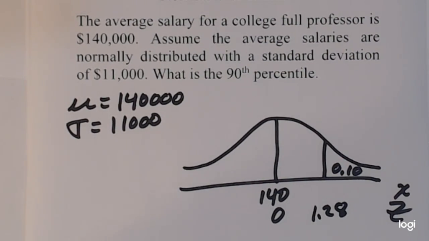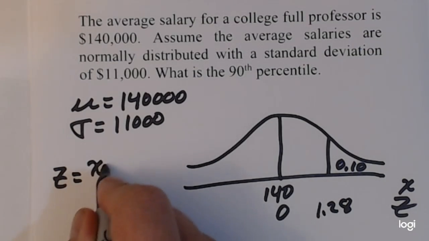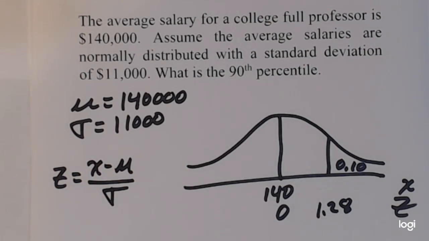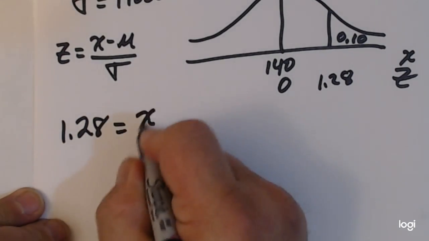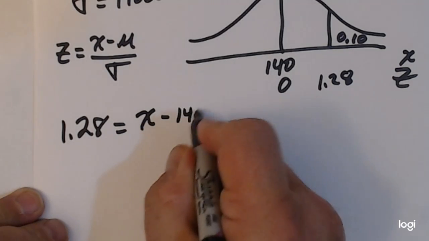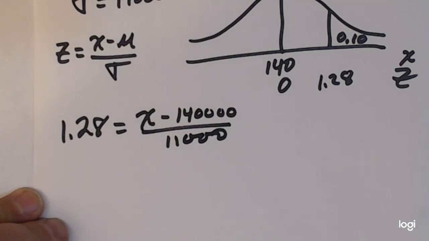We know that z is equal to x minus mu over sigma. We know z is 1.28, so 1.28 is equal to x, which we don't know, minus 140,000 over 11,000.